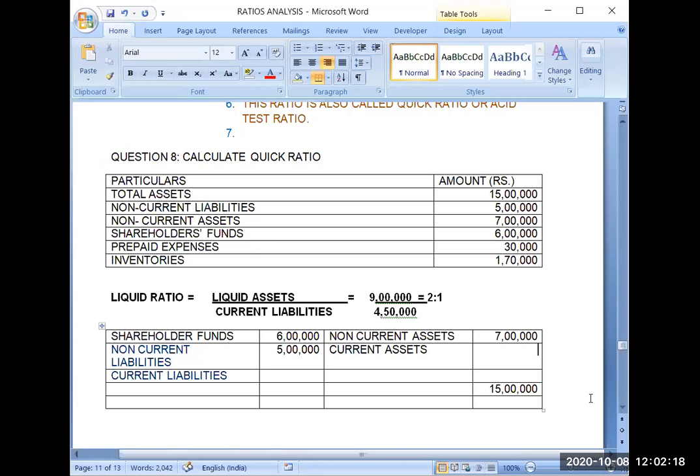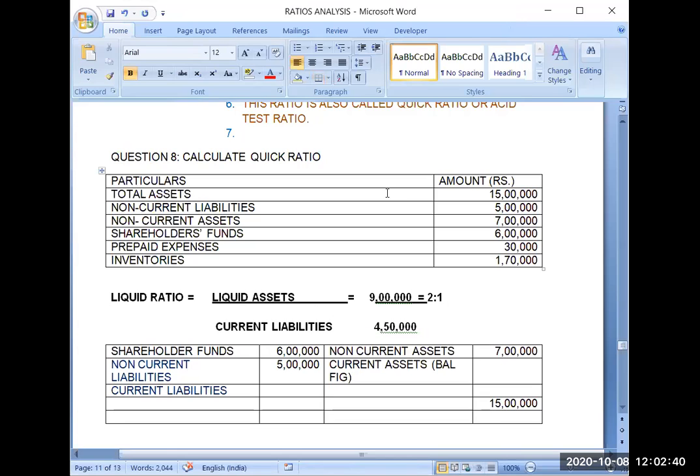Now, with the help of this balance sheet, I will calculate it as a balancing figure. This is only for my personal purposes. I have to mention it in formula form. How can I mention it in the formula form? I will write the formula: current assets is equal to total assets minus non-current assets.